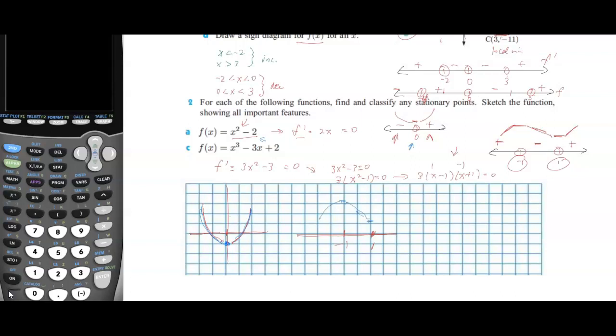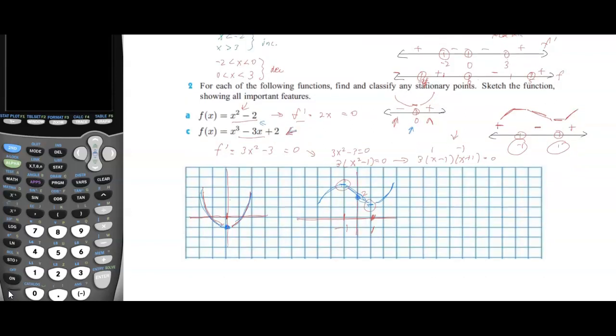And in between, the function goes up and down and up again. Okay, now we could find out one additional important piece of information. We can find the y-intercept easily by plugging in x equals 0. So the y-intercept is 2, right? And oh, I just happened to draw it right at 2.